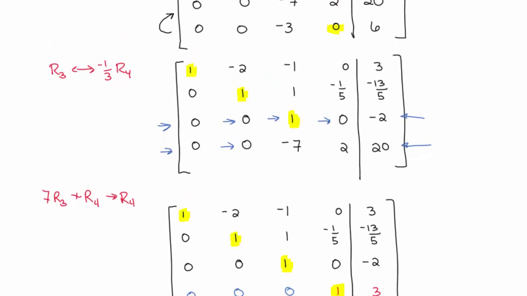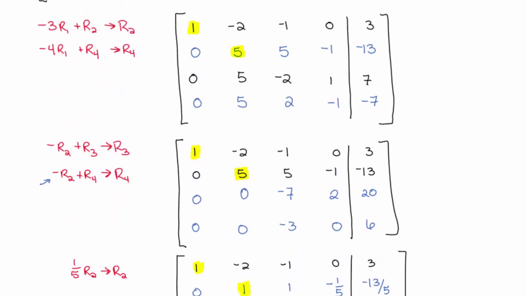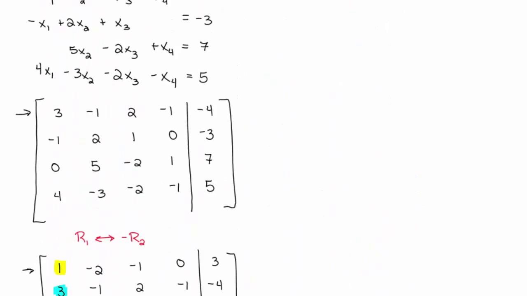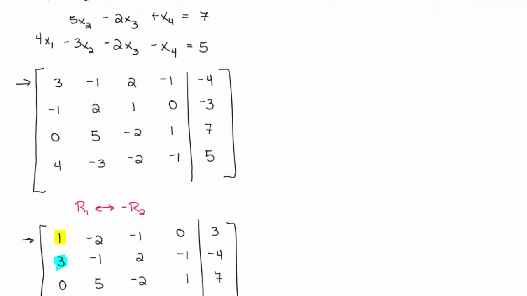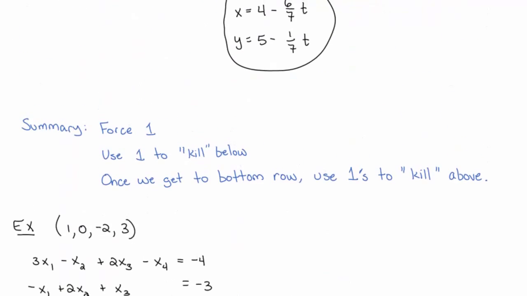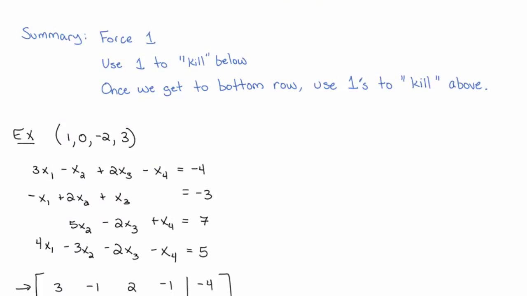So to repeat, scrolling all the way up through all of our work here. Geez, it's a lot of work. Where's my note? Oh, here it is. We forced the 1s and have used 1s to kill everything below. Now we're at the bottom row. So now we're going to use our 1s to kill above.